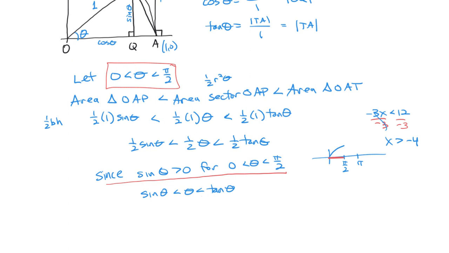So I can just divide everything by sine of theta. Divide by sine of theta, sine of theta, sine of theta. And then what we would get would be 1 is less than theta divided by the sine of theta, which is less than tangent of theta divided by sine of theta.